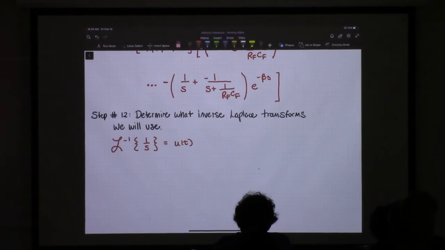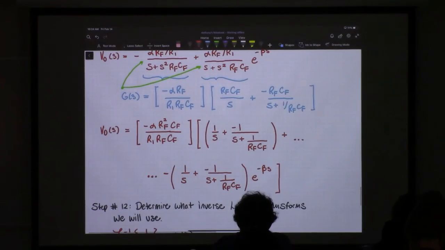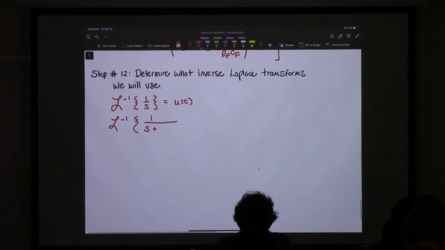Then we also have to deal with inverse Laplace transform of 1 over s plus, well, I'll use an unknown. I've used so many letters, I don't know what letters have been unused. We haven't used mu yet. Okay, so mu.